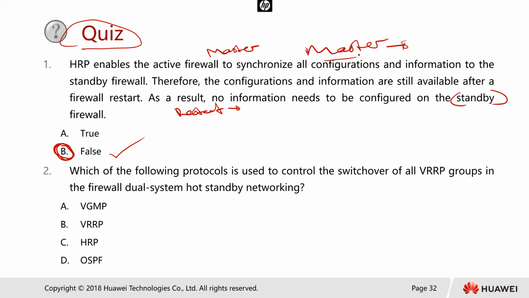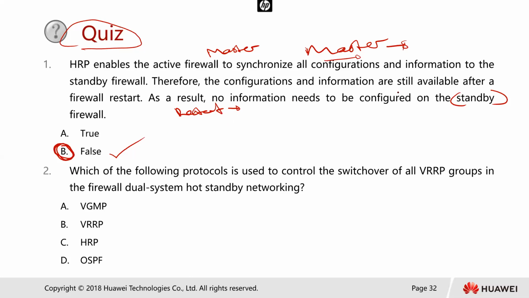It could take 5 hours or 1 minute, depending on the problem. In this time, once it is away, your network is not interrupted because you're using dual system hot standby. You already have another firewall which assumed the master role. But in this time, you could modify configurations, delete configurations, or add new configurations on the master.